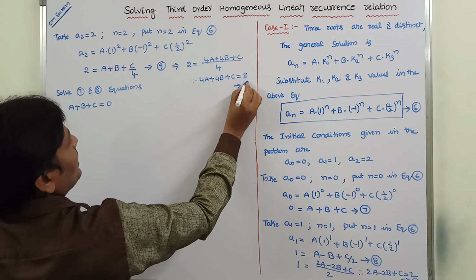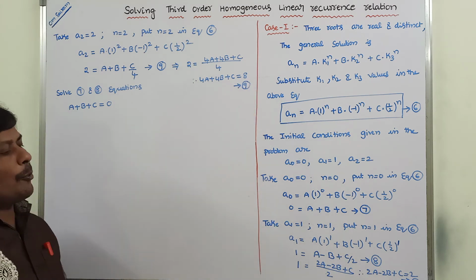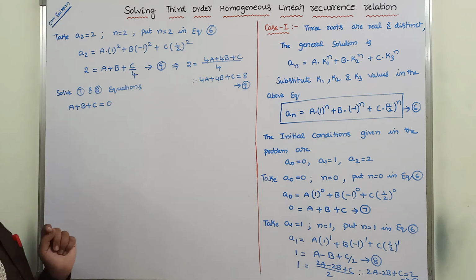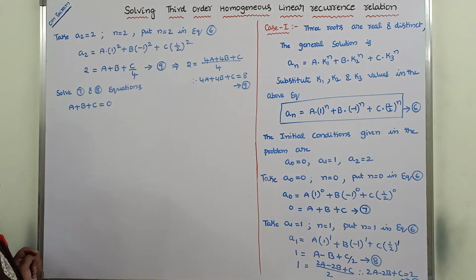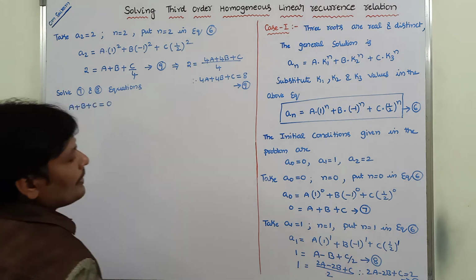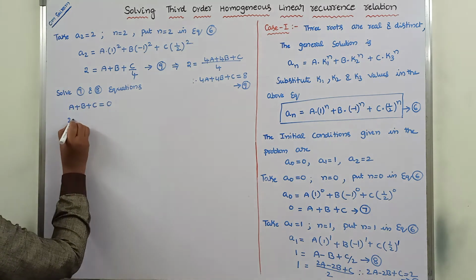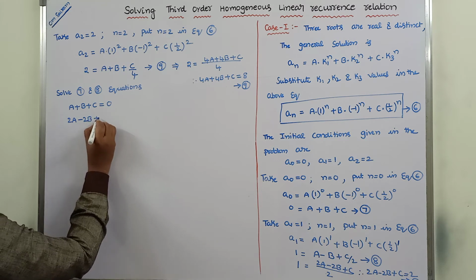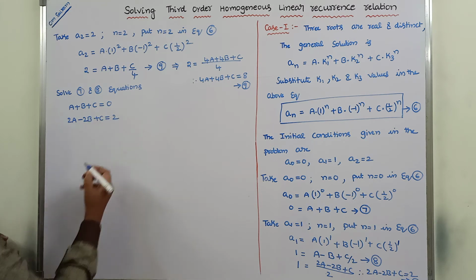So this is equation 9. Okay. We are modifying equation 8 and we are also modifying equation 9. Okay. Next, take equation 8. So that is 2A minus 2B plus C is equal to 2.